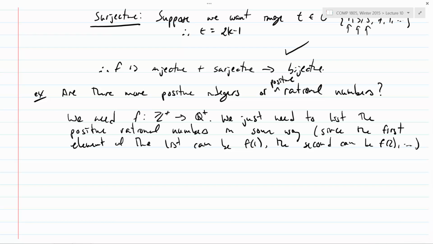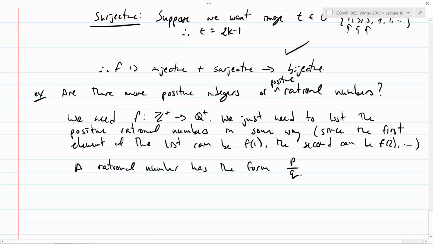All right, so a rational number has the form p over q, right? We know that. And we know that q is not 0.